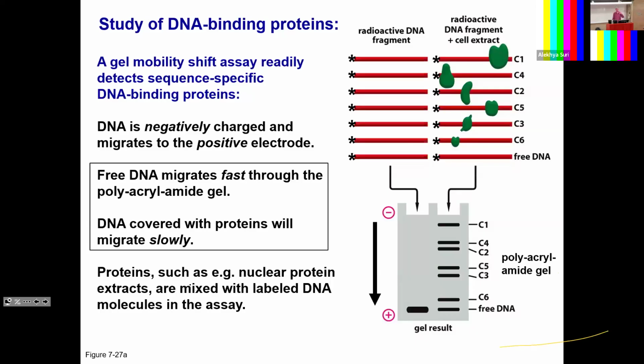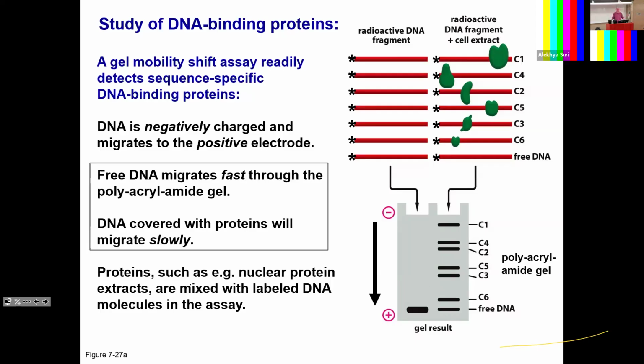And so the DNA fragments would run to the bottom, to the positively charged electrode. In the gel, something that's small will migrate fast. Something that's big will migrate slowly. That's like in normal life.